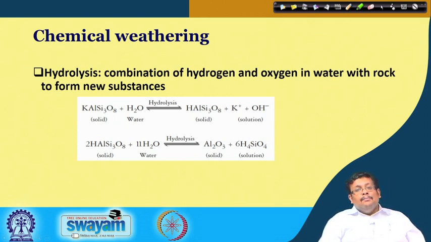The next one is the most important, called hydrolysis. It is the most important process of chemical weathering, which is the combination of hydrogen and oxygen in water with rocks to form new substances. As the name suggests, hydrolysis means lysis of water.